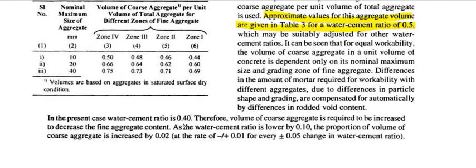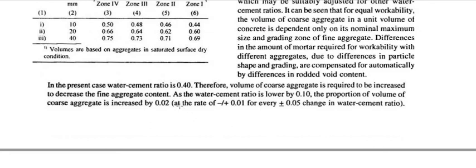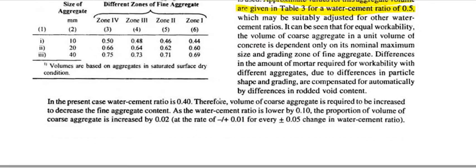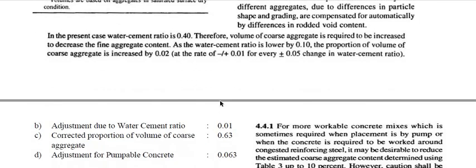If there is a change in the water cement ratio other than 0.5, the rate of minus or plus 0.01 is changed for every plus or minus 0.05 change in the water cement ratio. Then we are again changing this proportion of volume of aggregate.